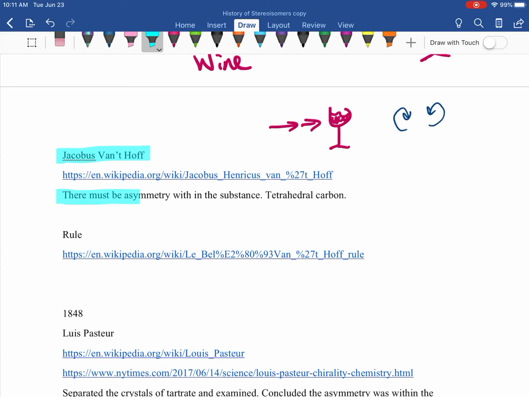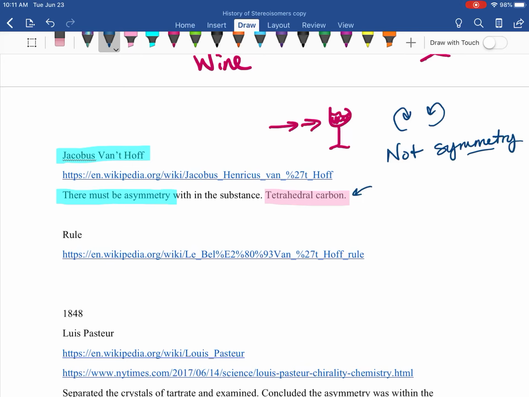And he came up with an idea that there must be some kind of asymmetry in that substance. So there must be something that's not symmetrical. So basically no symmetry in that substance. And he brought back in this idea, well, wait a second, could that have to do with tetrahedral carbon?